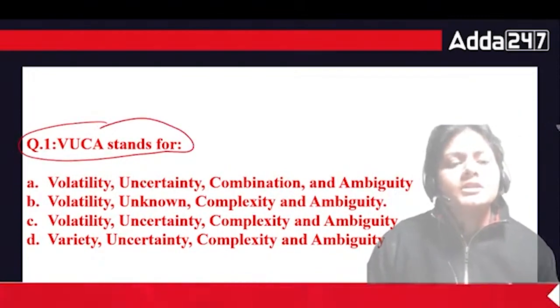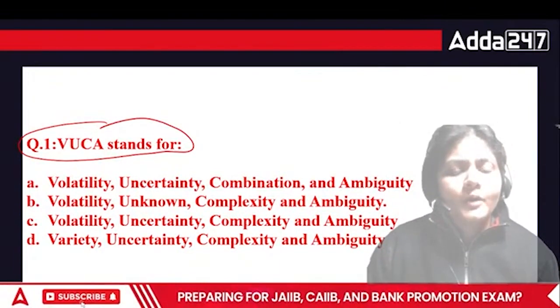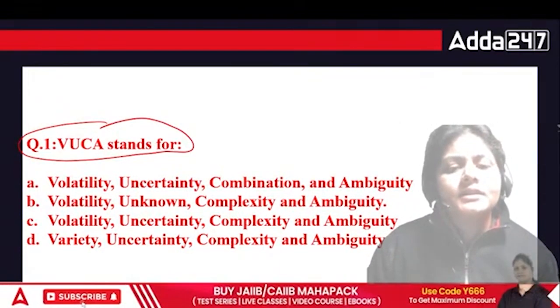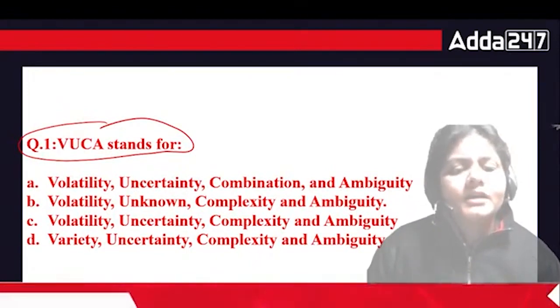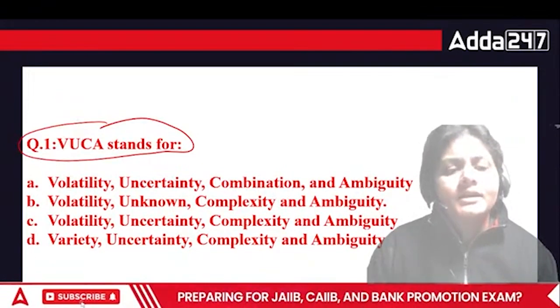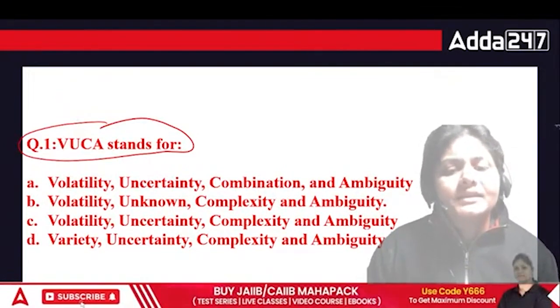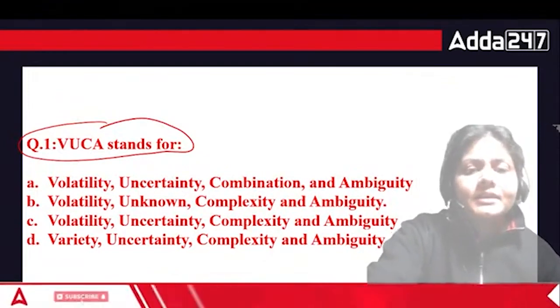The first question is a very common question. VUCA stands for, option A is volatility, uncertainty, combination, ambiguity. B is volatility, unknown, complexity and ambiguity. C is volatility, uncertainty, complexity and ambiguity. D is variety, uncertainty, complexity and ambiguity.